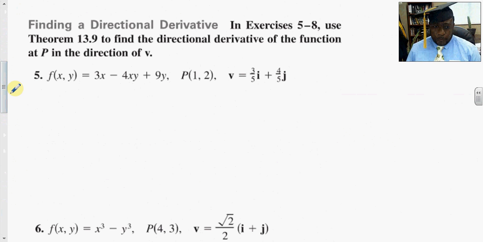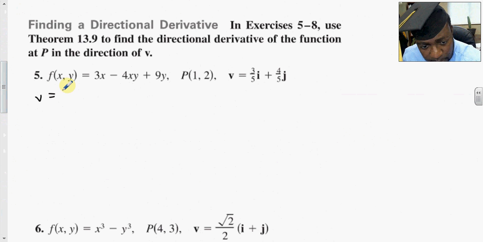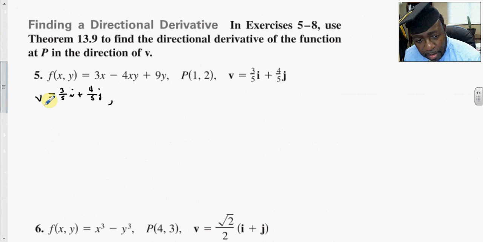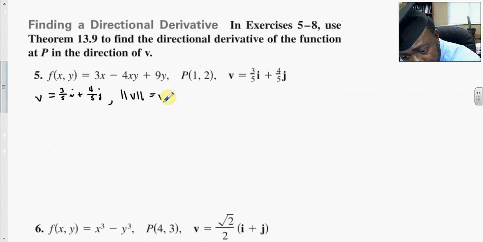Let's move on further. Let's do the same thing. You want to pay close attention to v. So v here is 3 over 5 i plus 4 over 5 j. Is v a unit vector? If not, we have to find u, calculate u to be the v divided by the norm of v. Well, let's investigate and look at the norm of v. So this is the square root of 3 over 5 squared plus 4 over 5 squared.